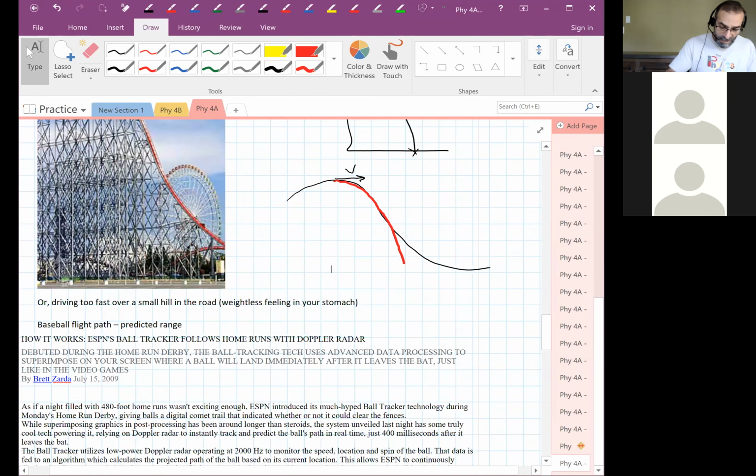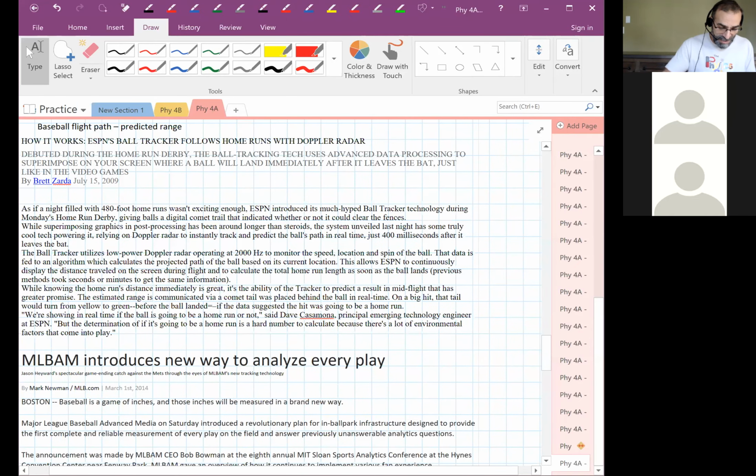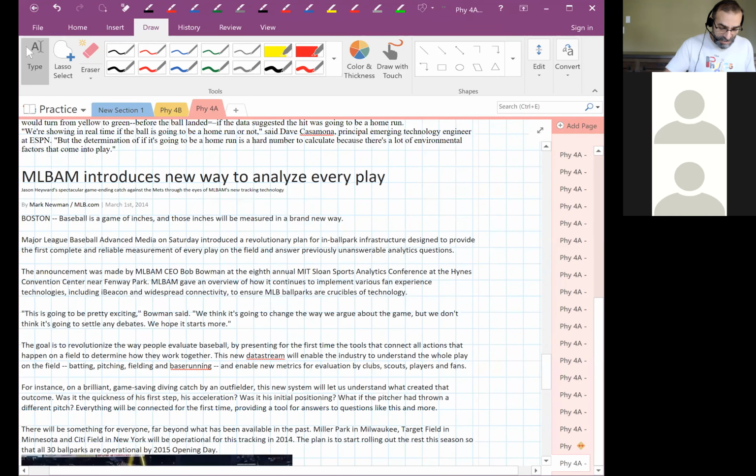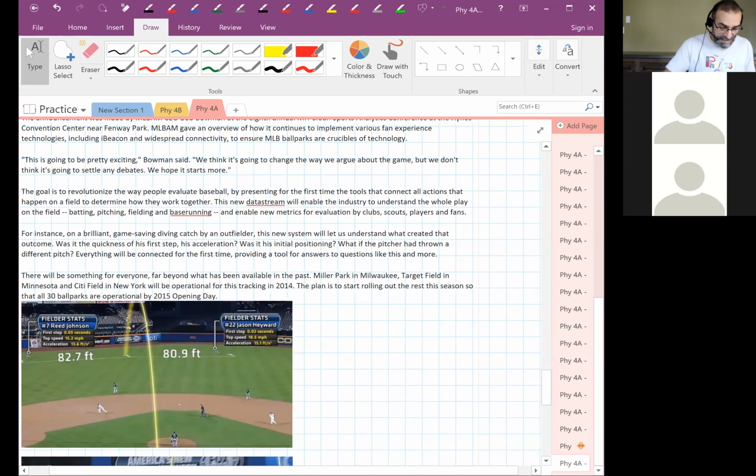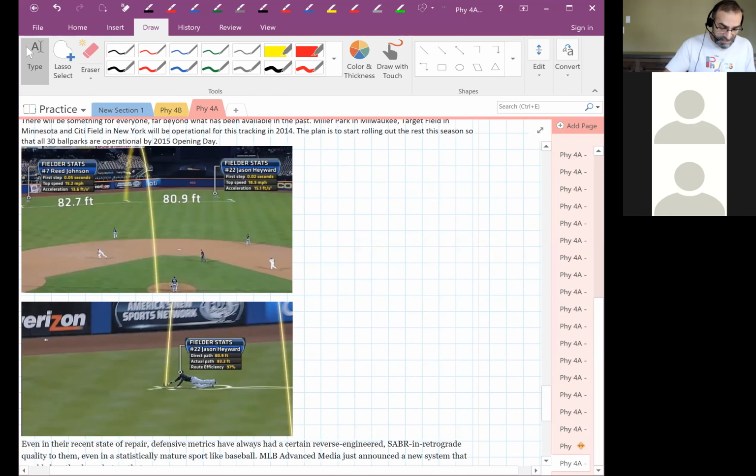Now, this next one, I put all this text in here. If you're interested in this, check it out, read it later. But this is kinematics on steroids. This is such a cool application. You've got to check this out. So baseball started using something called Statcast, and we're going to check out this video.